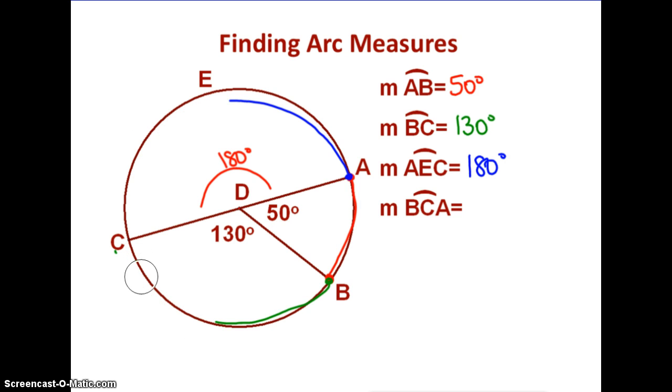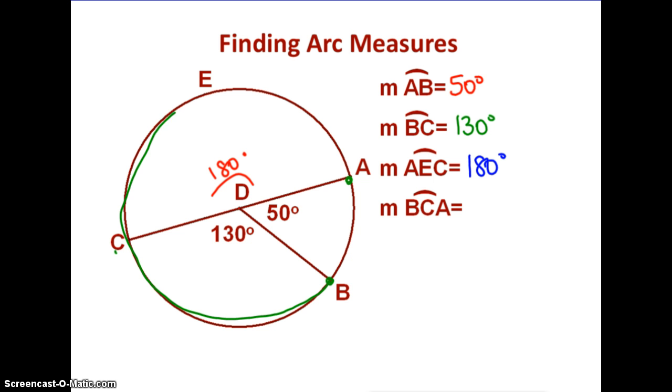So I'm going to erase these. Oops, I wish I had left that. There we go, I'll write it back. Now we have arc BCA. So we start at B and we want to go to A. But notice there's 3 letters, so it's a major arc. So we go from B to A, but in the way that passes point C. So I had to go all the way around.